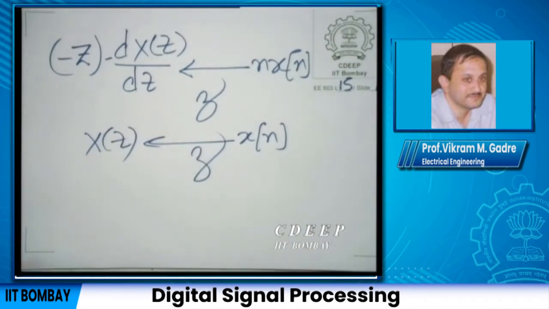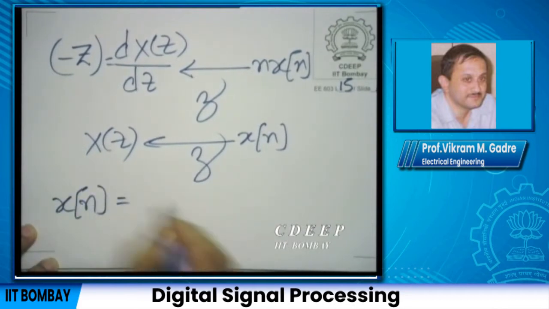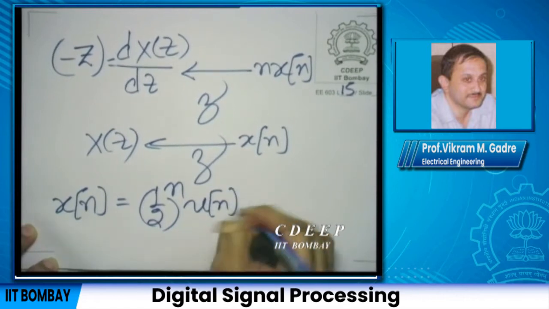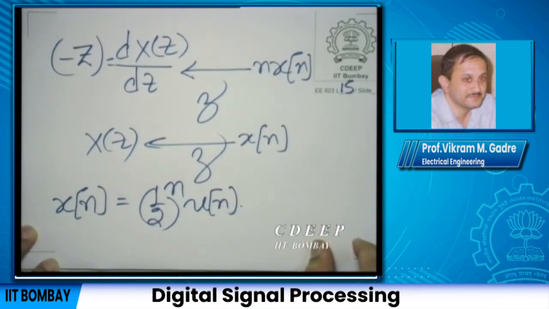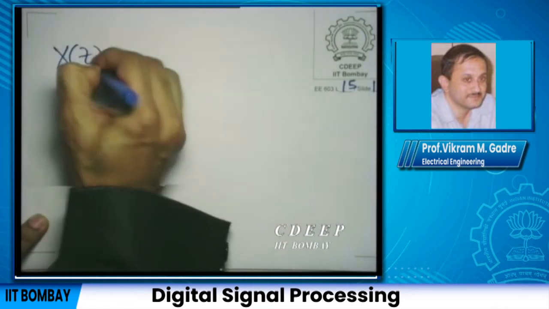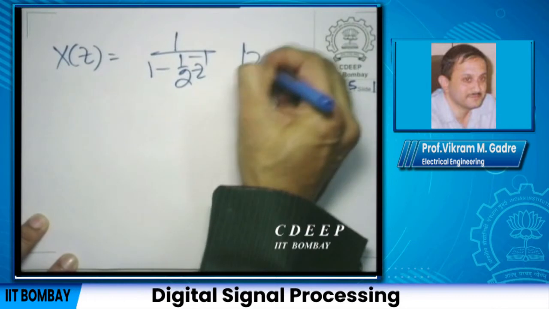We invoke this property now, and we take the specific x[n] equal to half raised to the power of n u[n], whereupon we know what the z transform is. We have dealt with the z transform before. So, X(z) would then be 1 by 1 minus half z inverse with mod z greater than half.